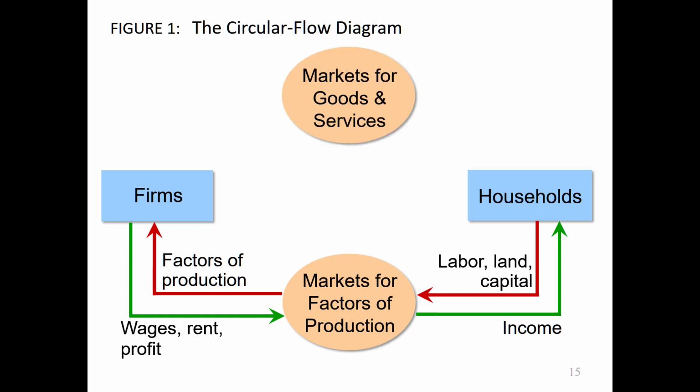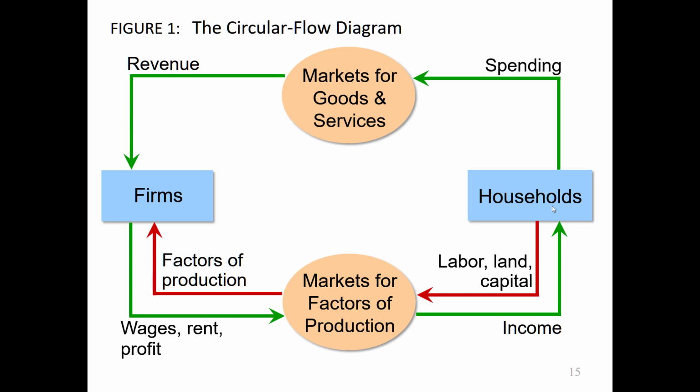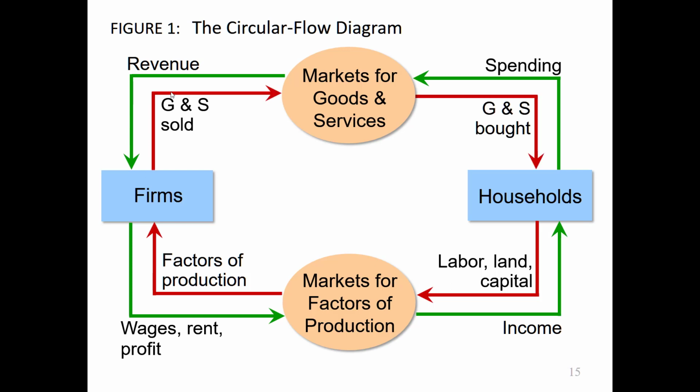Okay, but there's another market. The household uses this income, this wage, or this rent that it got from the firms in the market for factors of production, and it's going to spend it in the market for goods and services, and that will be the revenue of the firm. And the firm will sell the goods to the households.